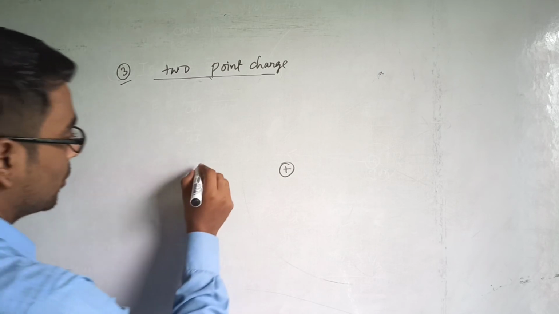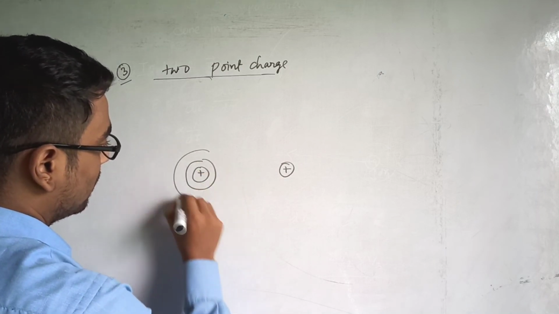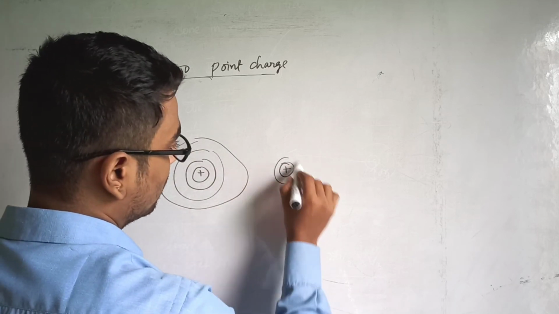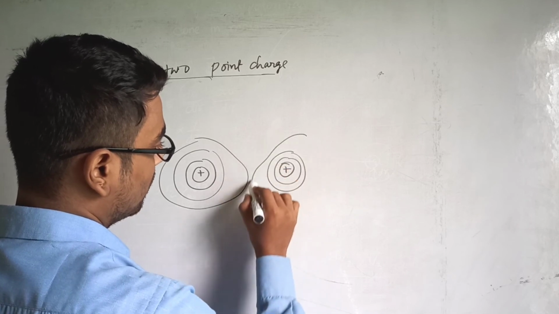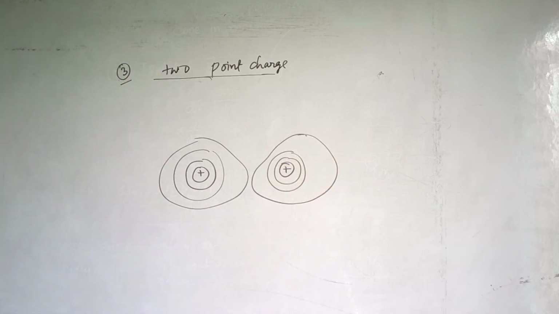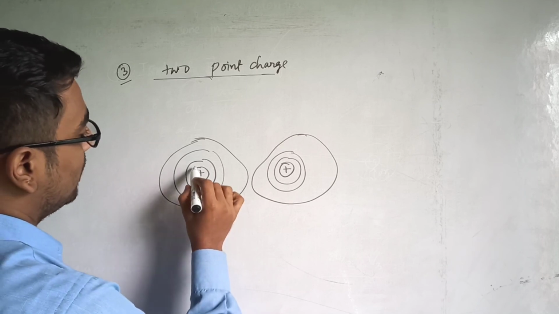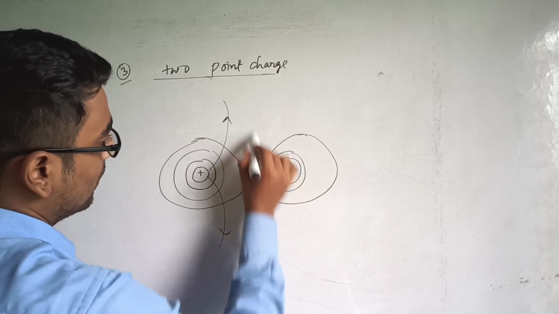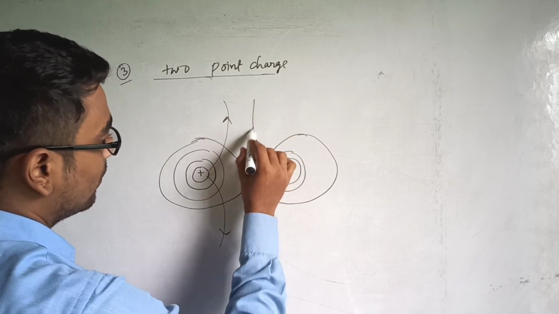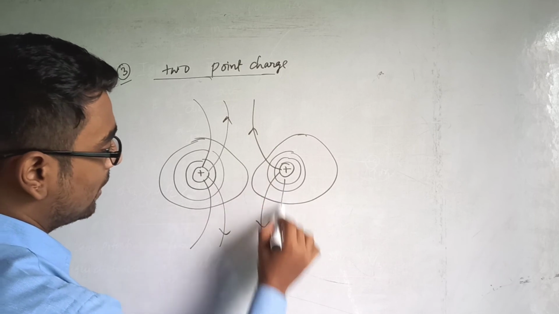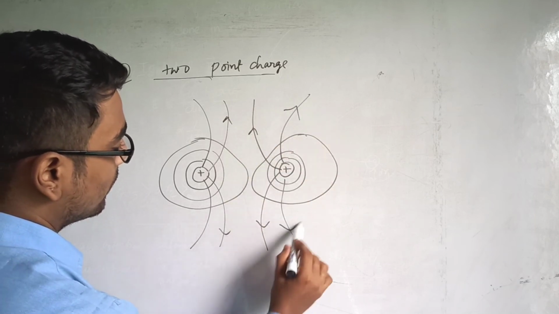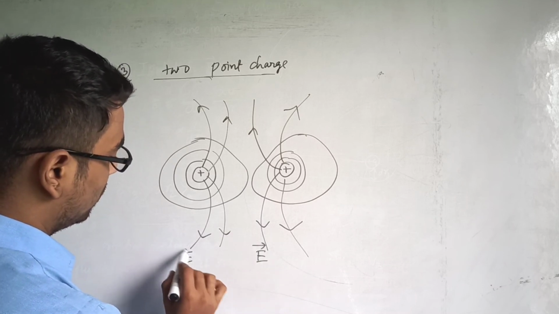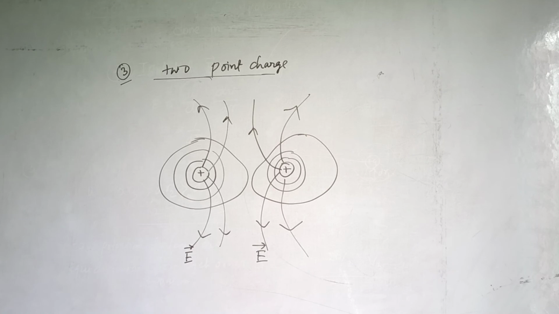In that case the equipotential surface will look like this, as the electric field will be like this. These are the electric fields emitted from both the charges in case of like charges.